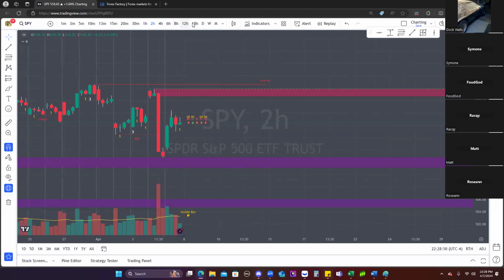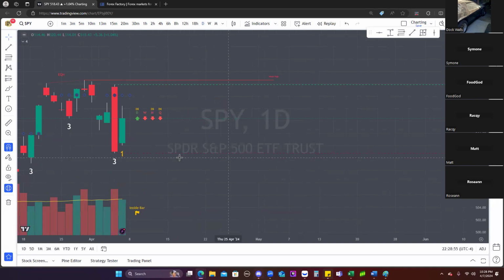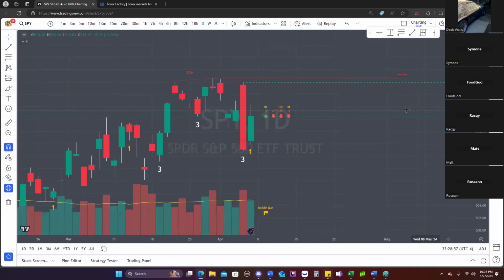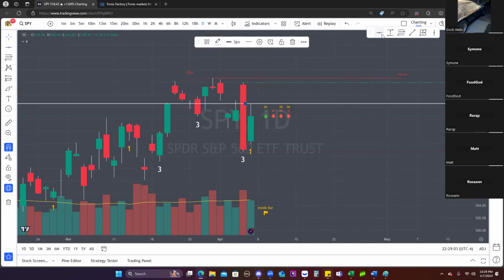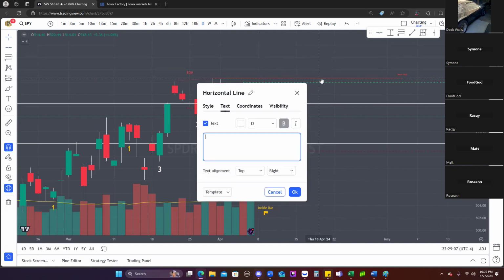So some weekly targets. Let's start there. Daily, if we're going strictly strat, I'm gonna just mark my tops and bottoms. We have a calls trigger on the daily.